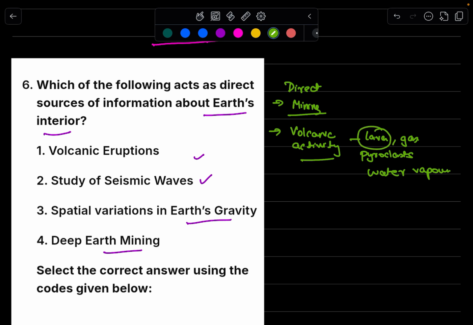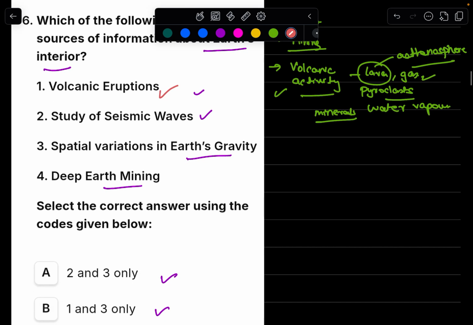Earth is made up of lava in the asthenosphere, which I have already covered. Do watch that. I have provided the link over here. Gases are also there, pyroclasts are also there, you have minerals as well. So we do understand about the interior of the earth through volcanism, and this is a direct source because directly we are getting the evidence. So yes, volcanic eruption is going to be one of the direct sources of the information of the earth.